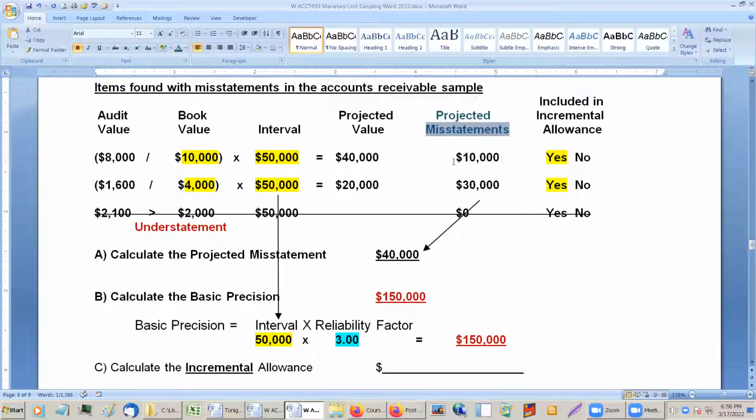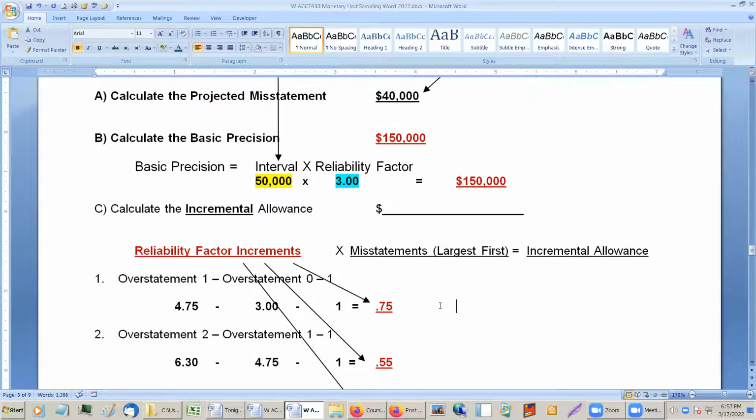So the projected misstatements. Which one's the largest? 30,000. So we're going to take the 30,000 first. What we're going to do is multiply this.